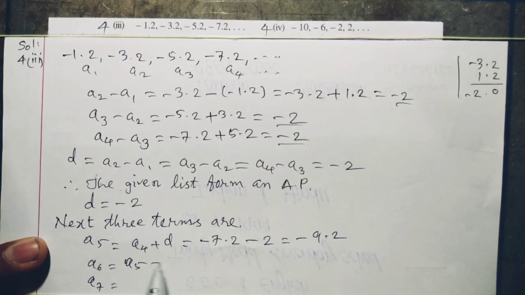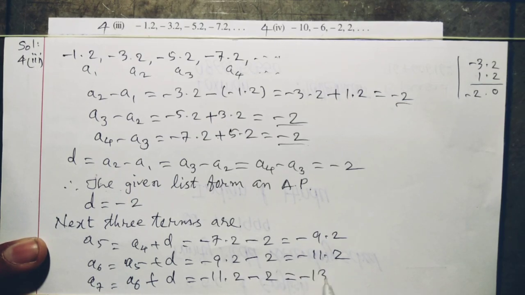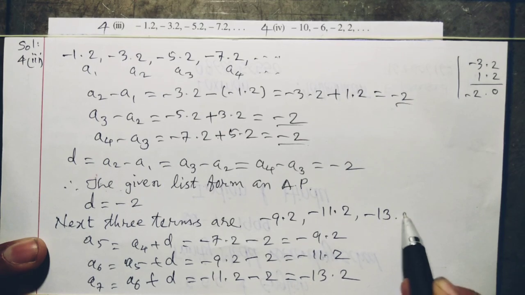A6, A5 plus D, minus 9.2, minus 2, minus 11.2. A7 is equal to A6 plus D, A6 is minus 11.2, minus 11.2 minus 2 is equal to minus 13.2. Therefore, next three terms are minus 9.2, minus 11.2, minus 13.2.